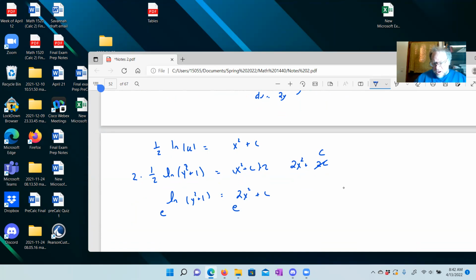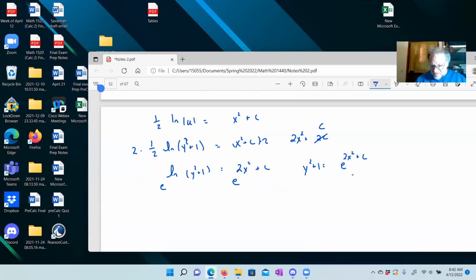And now we're going to unlogify. That's not a real word, I made that up. But we're going to take the anti-log of both sides. That's the right word. So we have y squared plus 1 is equal to e to the 2x squared plus c, but watch this. y squared plus 1 is equal to e to the 2x squared times e to the c.